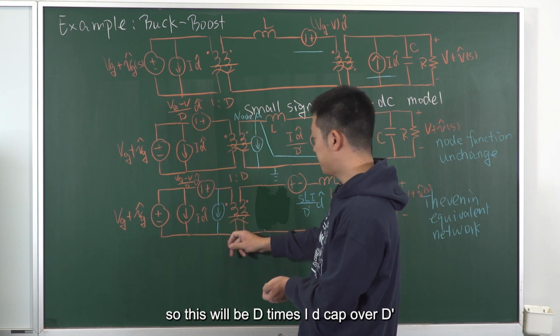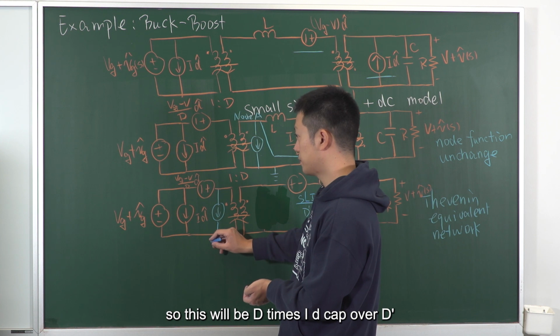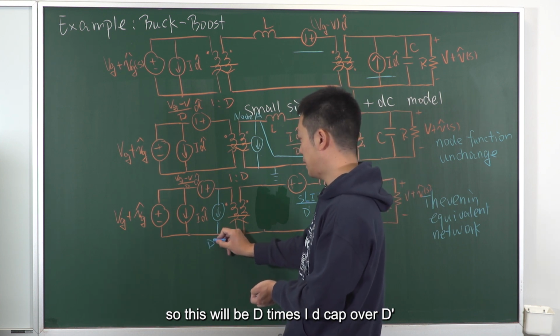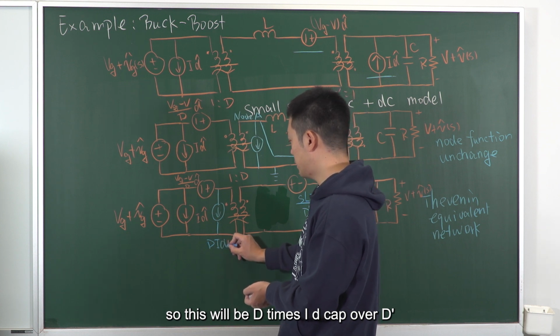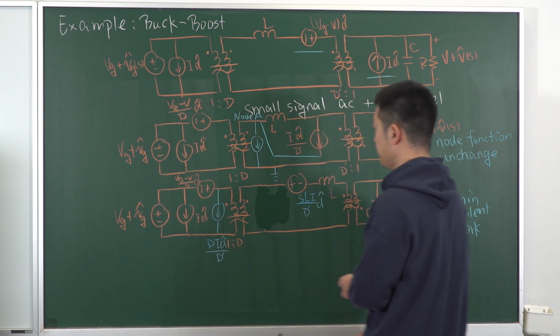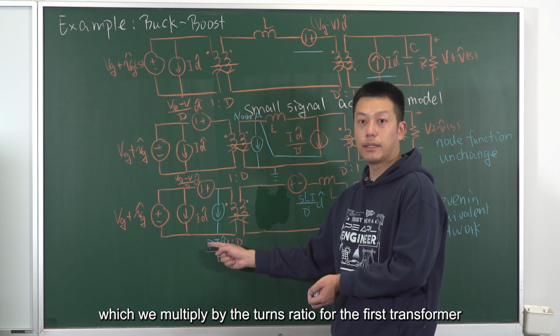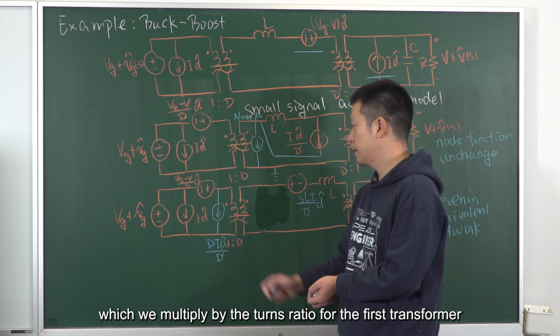So this will be D times I d cap over d prime, which we multiply by the turns ratio for the first transformer, right?